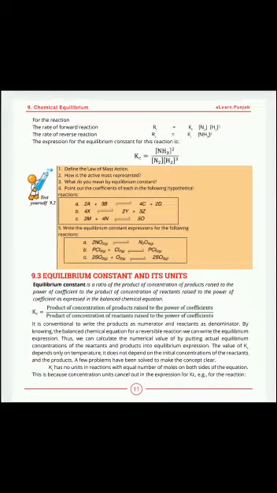By knowing the balanced chemical equation for a reversible reaction, we can write the equilibrium expression. Thus, we can calculate the numerical value by putting actual equilibrium concentration of reactants and products in the equilibrium expression. Simple, like mathematics.